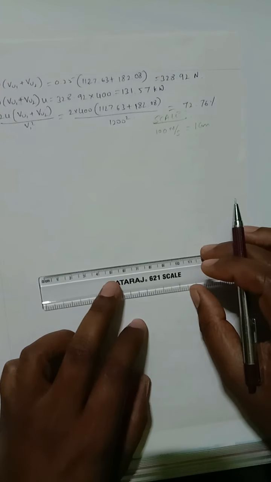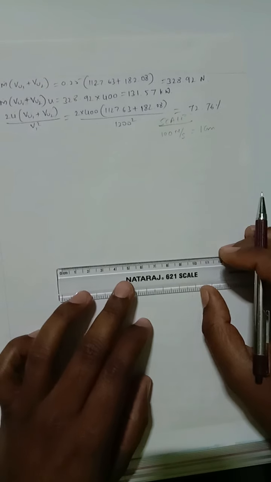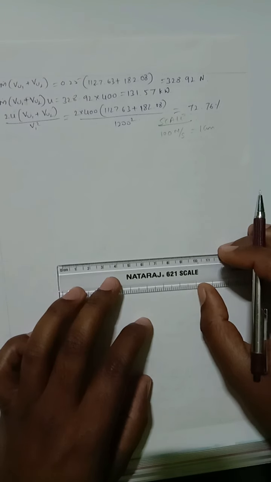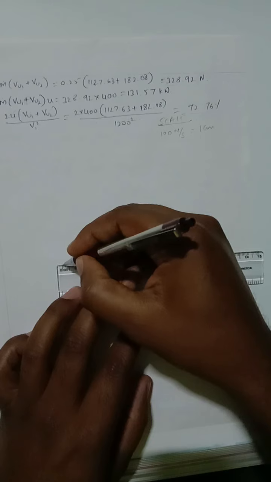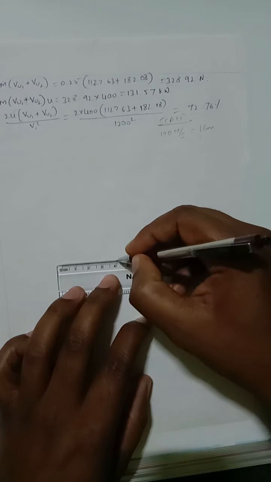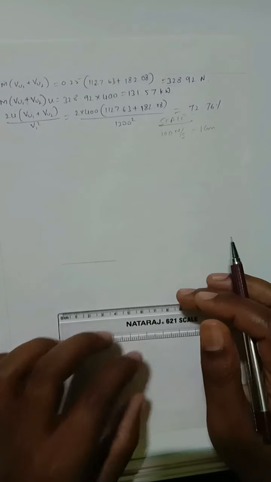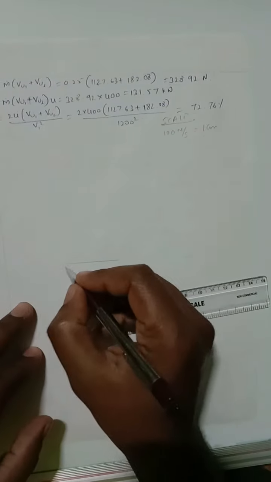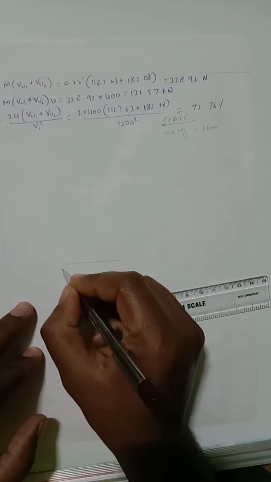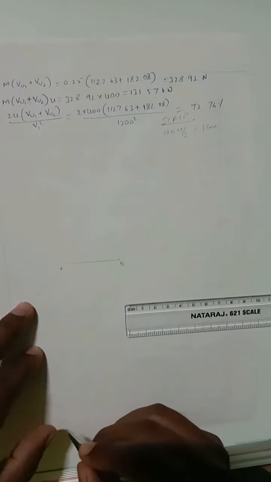So I will take the scale and draw a 4 centimeter line. So now I have drawn a 4 centimeter line here. I will call it A and B.